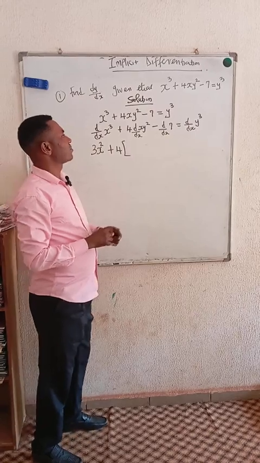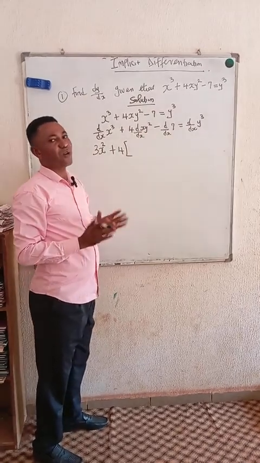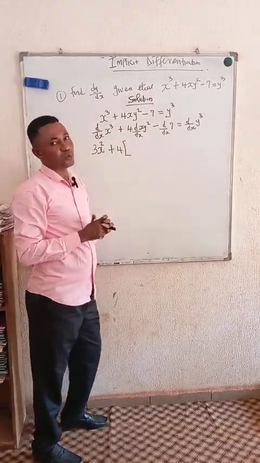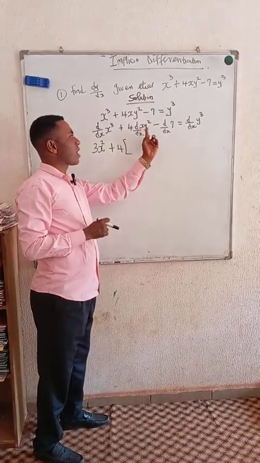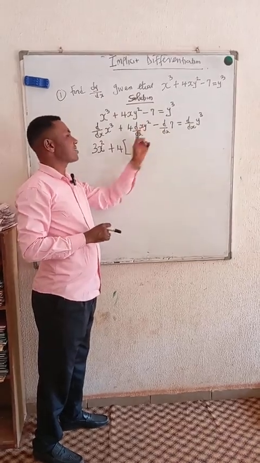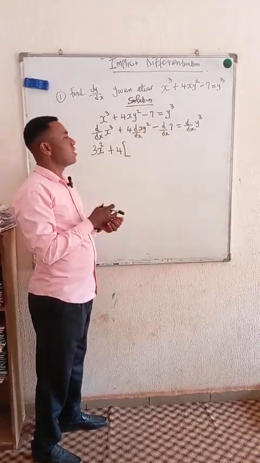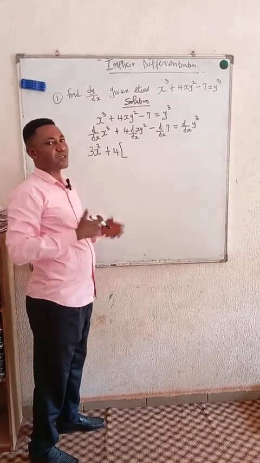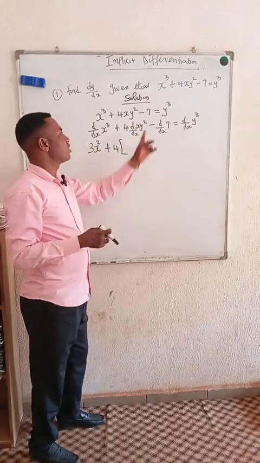Now this is xy squared. We are going to be using the product rule, because x is a function and y squared is another function that are being multiplied together.